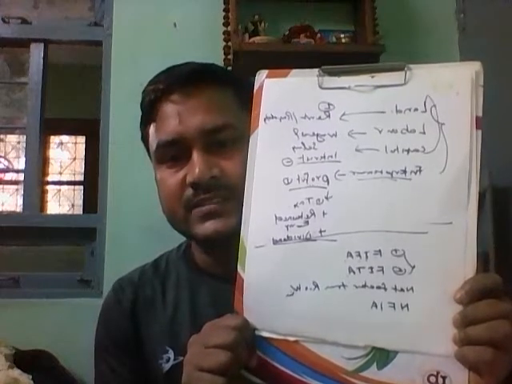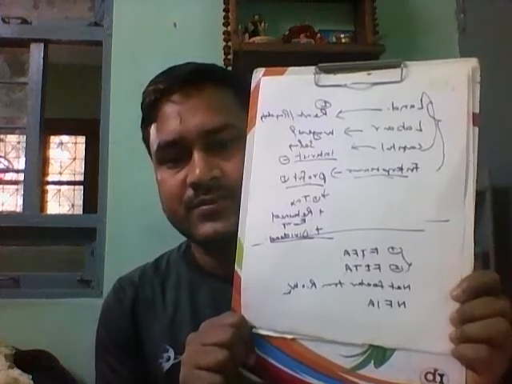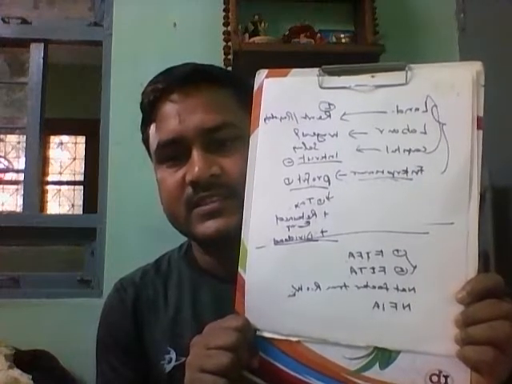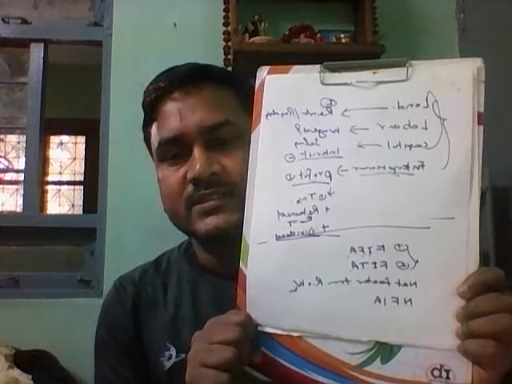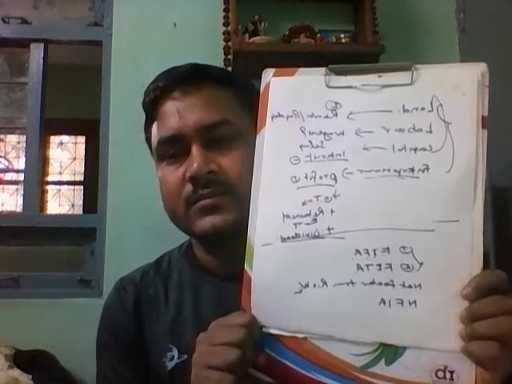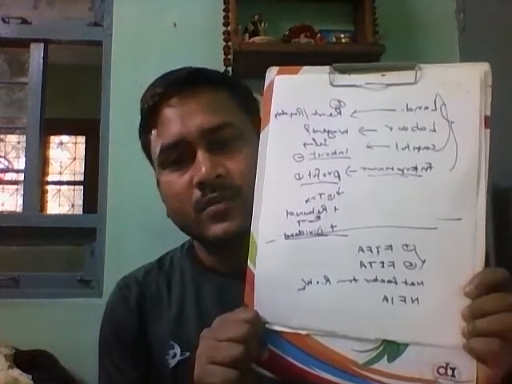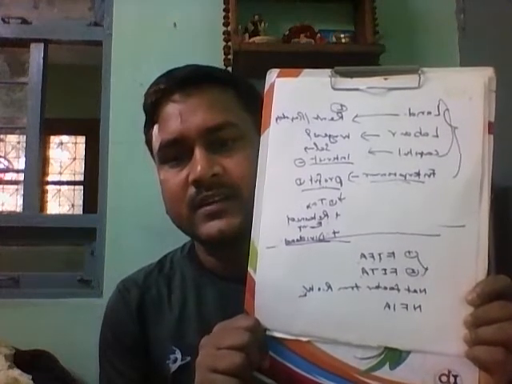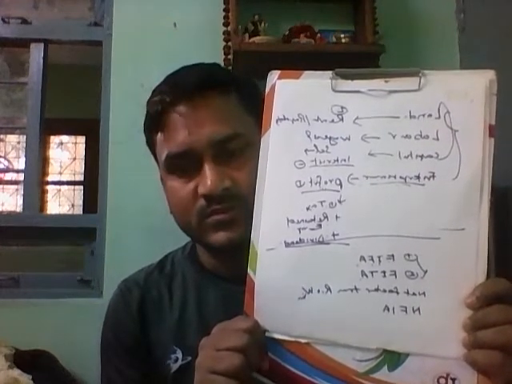It is the difference of FIFA minus FITA. It means it is the difference of factor income from abroad and factor income to abroad.